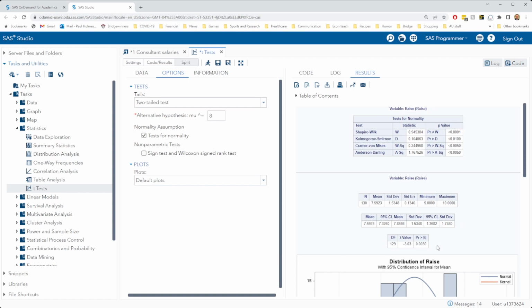That's too little of a chance. Typically we use the 5% threshold to say if we see something with a p-value, a chance of having seen it, less than 5%, we're going to say that's unrealistic. We should believe that the alternative hypothesis is true, and that's what we would conclude in this case, that the actual raise is not equal to 8%.